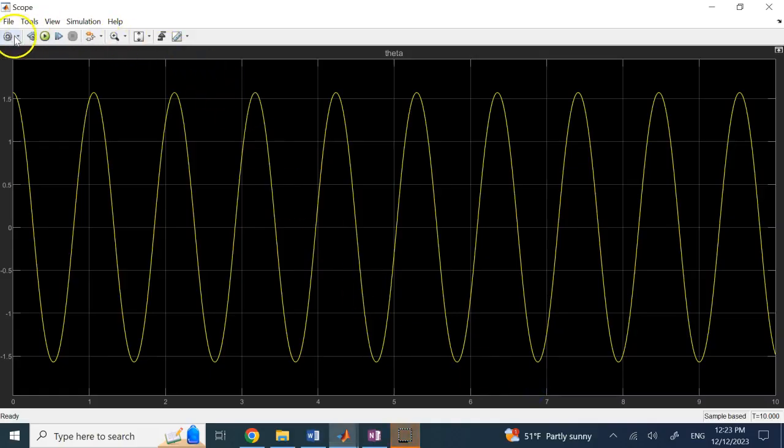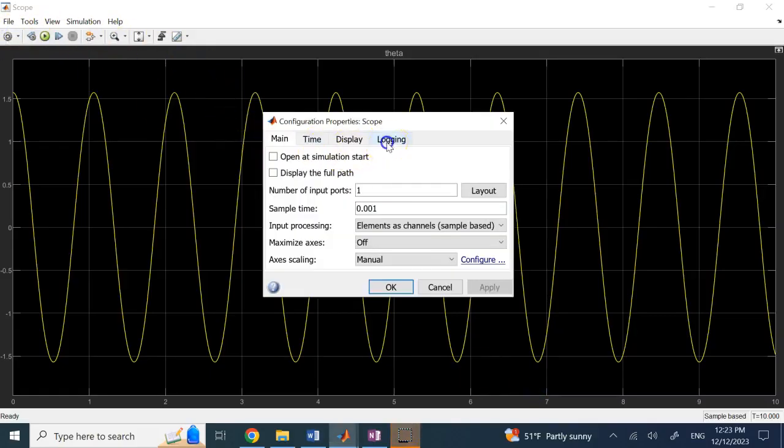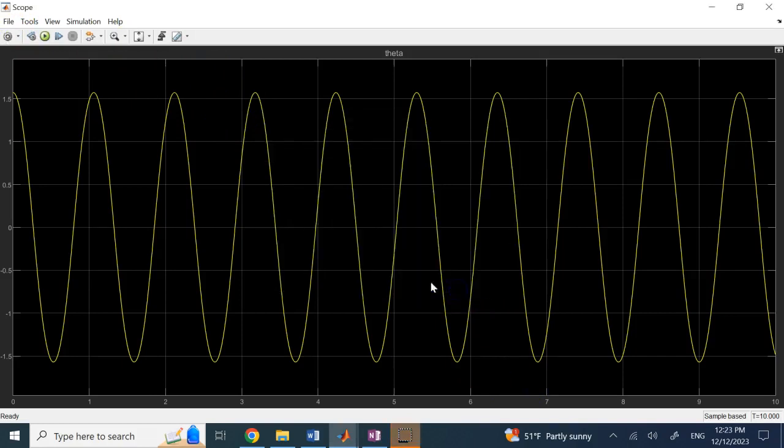So I export my data to the workspace, you can see under the name theta. And the question is, how do I find a period? Because I need to find a period through the simulations here. So what I do is I look at when the plot passes 0. How do I do that? Well, this plot is made of lots of points.